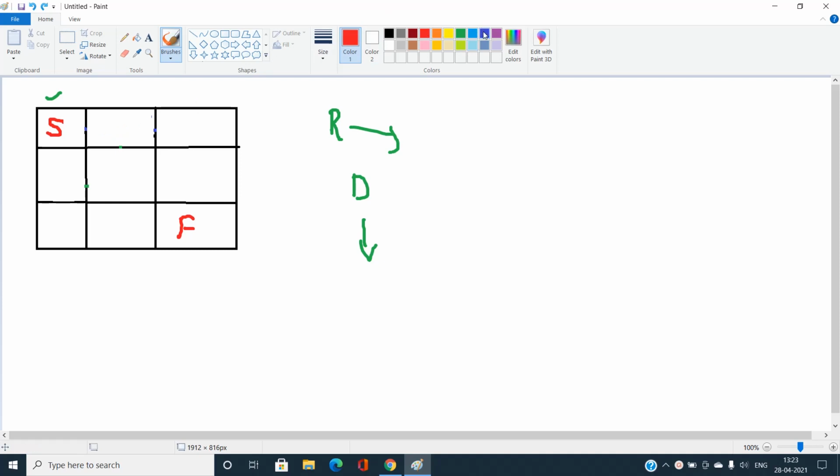So if there is an obstacle present at this position, can we move from this position to this position? No. Okay, now can we move to this position if there is an obstacle present at this left position? You can see no. That is, I cannot move to this position and then come to this position because there is an obstacle present at this position.